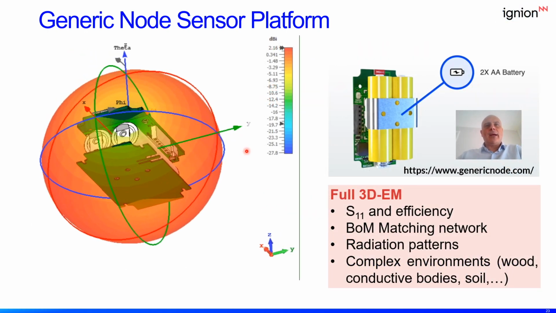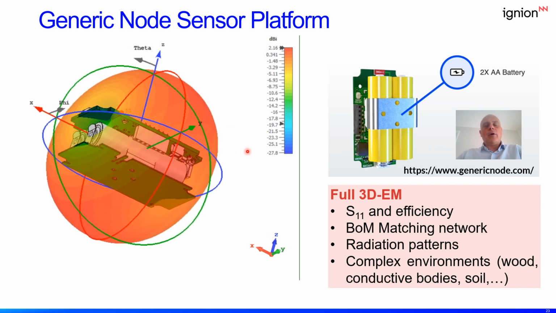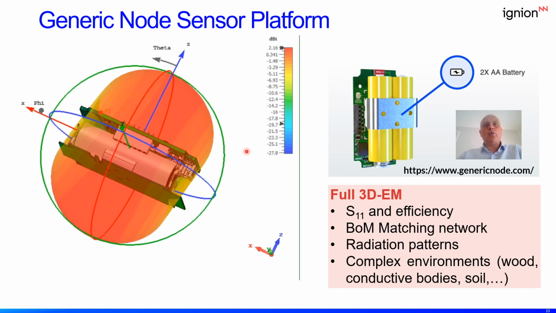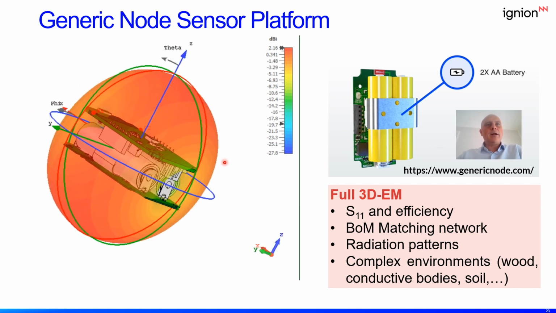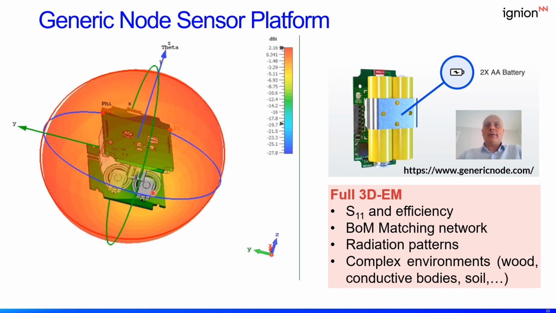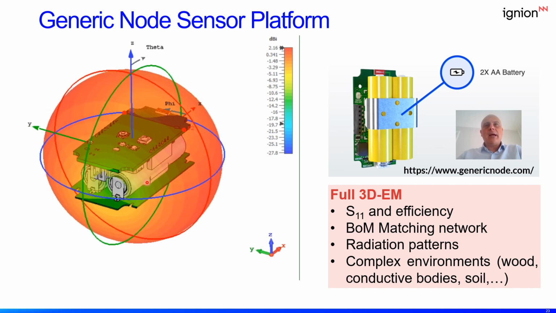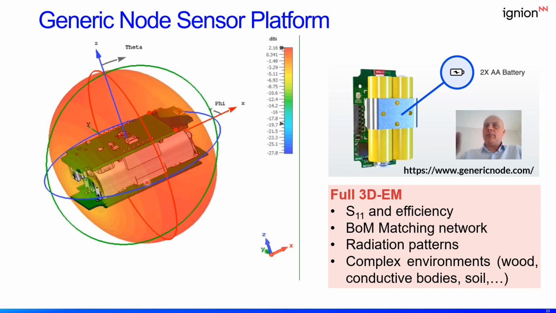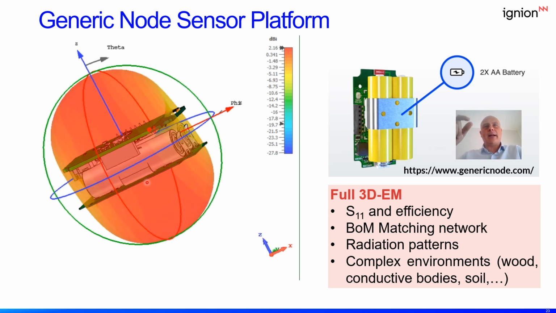As we illustrated before, in one of our services, we can take into account your device, fully populated, including the batteries, several PCBs, and determine if we need more clearance, which is the best antenna location.